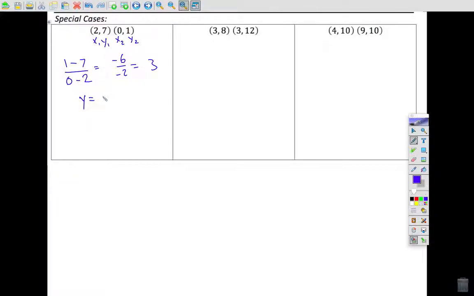So our equation is y equals 3x plus b. And we take one of our points. I'm going to choose 0, 1 because I think 0 and 1 are going to be easier to calculate with than 2 and 7. So I'm going to plug those in.